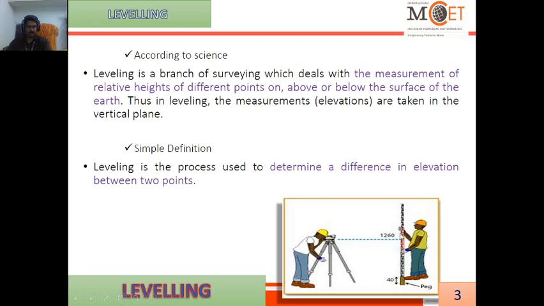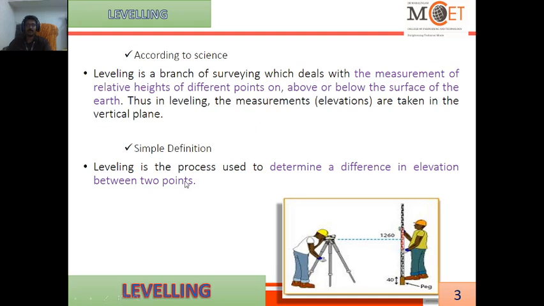So 40 plus 1260, for example, if you add it, you will get 1300, right? The 1300 mm or meter we will see later. Now the height of instrument can be obtained. With respect to that height of instrument, I can compute the elevation values of the remaining required points.